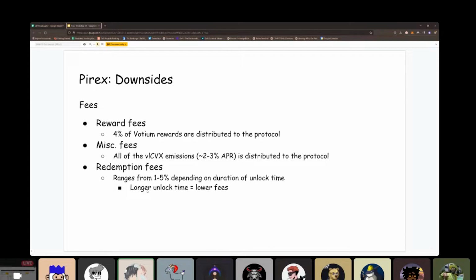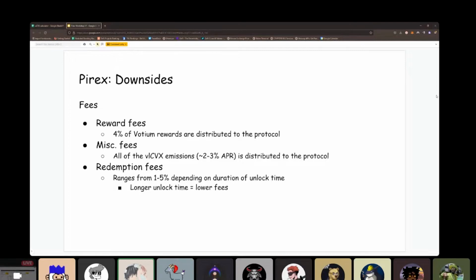If you're ignoring the rest of the benefits that locking your CVX with Pyrex provides, then yes, there are fees, but we're able to achieve the same APR anyway. But nothing to hide, all the fees are here.